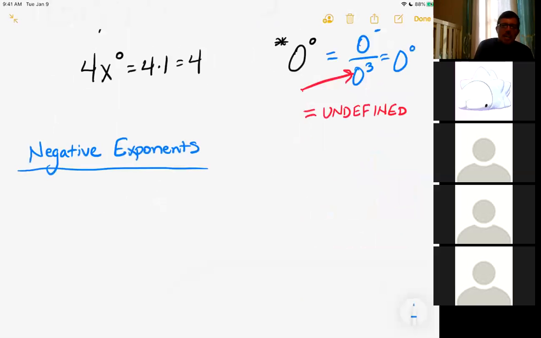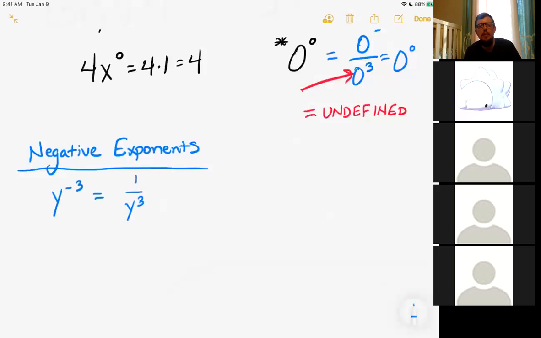Let's talk about negative exponents. This is really tricky. Negative exponents in general are a no-no. I have something to a negative exponent. That's a problem for me. I don't like negative exponents. So one of the things that I would do to fix a negative exponent is I would turn it into a fraction and put the negative exponent in the denominator, just like that.